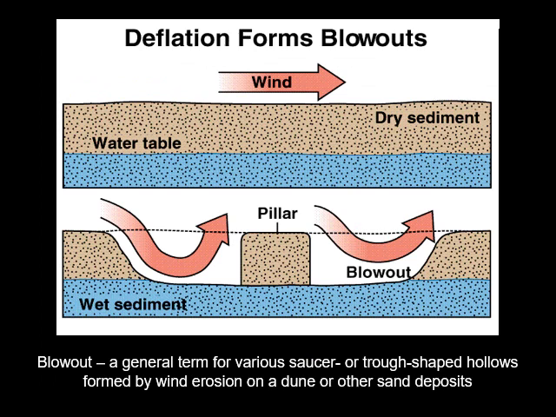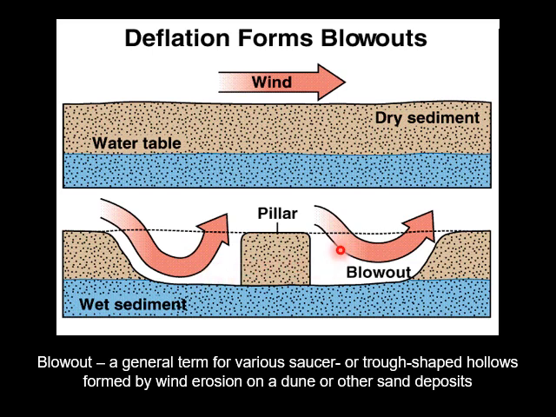Deflation can also form blowouts. Blowouts are formed given this setting where sediment is saturated and we have wet sediments beneath, bounded by the water table, and dry sediments on the surface. When wind action erodes the dry sediments, you form these various saucer and trough-shaped hollows, formed by wind erosion.